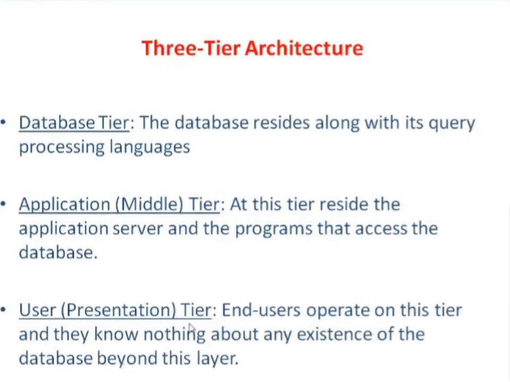We don't know anything about where it is stored, how it is stored, what is the capacity of the server or the database. So this tier is called the user or presentation tier. This may be asked in the examination: write a note on one tier architecture or two tier architecture or three tier architecture for 3 marks.